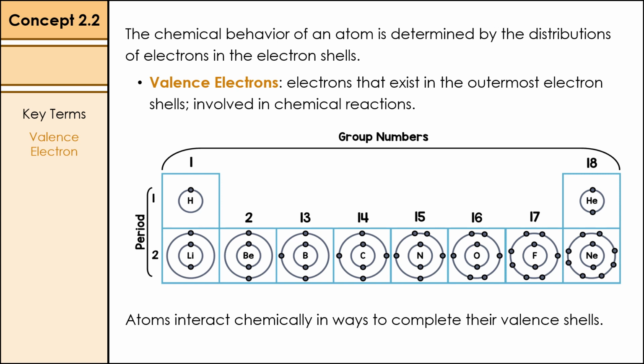So you will hear a term called the octet rule. And the octet rule is all about how many electrons we have in that valence shell. Electrons love to have a full valence shell. After we move past the first period, our valence shell can hold up to 8 electrons.